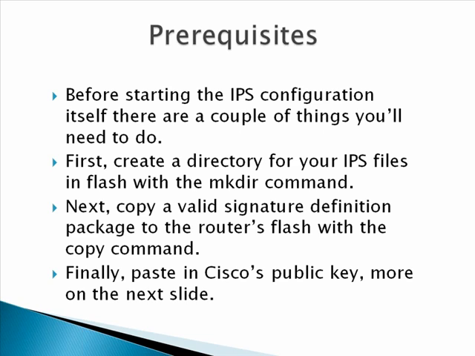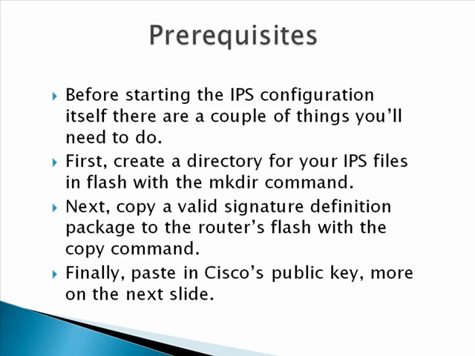those files there. You're also going to need a valid signature definition package. You download those from Cisco.com. So you can copy those with the copy command. Copy TFTP flash, select the right file name, and so on. Get it copied over to the router.